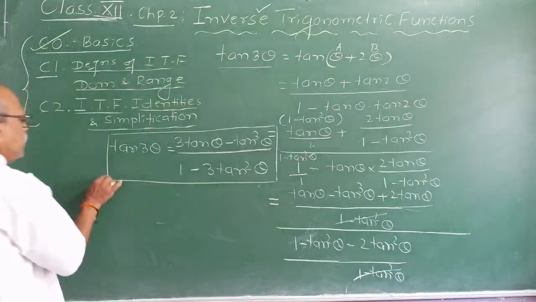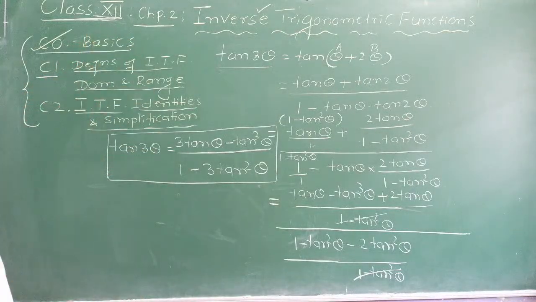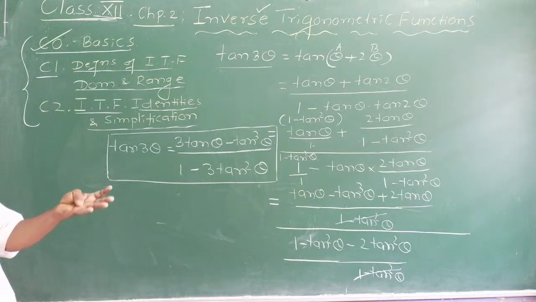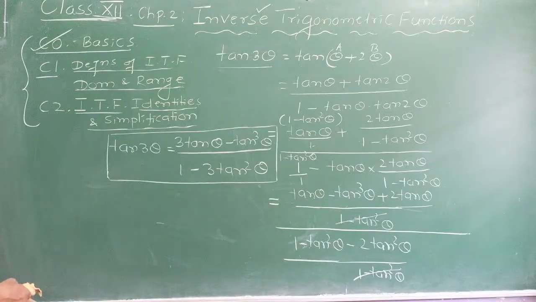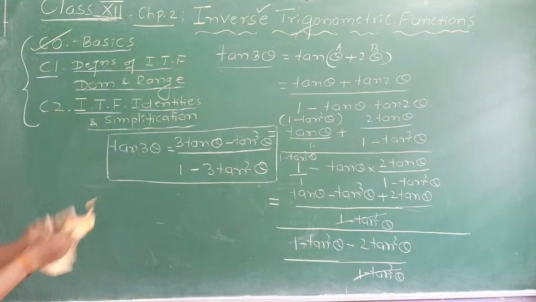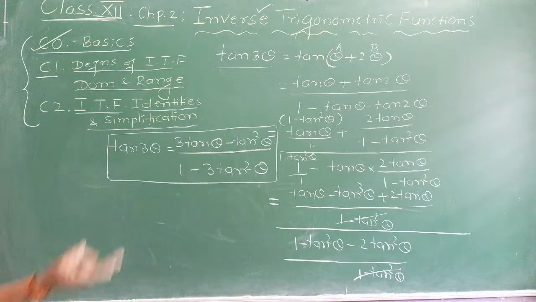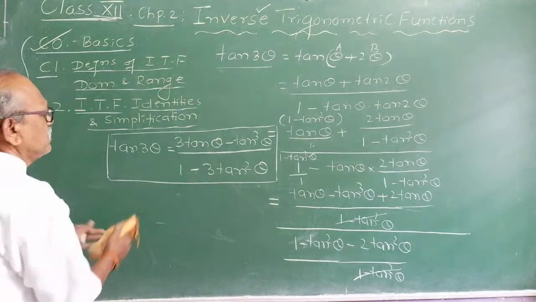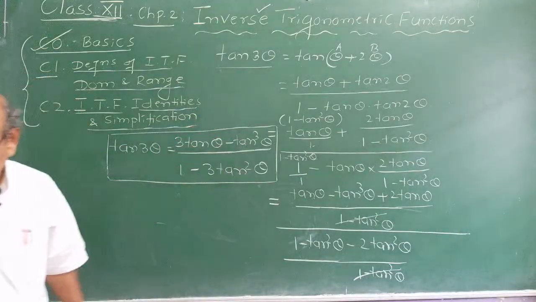Remember it. Very useful. Later, to prove inverse trigonometric function, you require sin 3 theta formula, cos 3 theta formula, tan 3 theta formula. This is what is required. First one is allied angle. Next one is compound angles. Third one is multiple and submultiple angles. These basic things required. I hope you noted it.